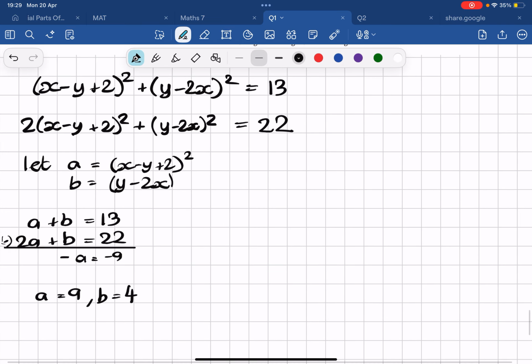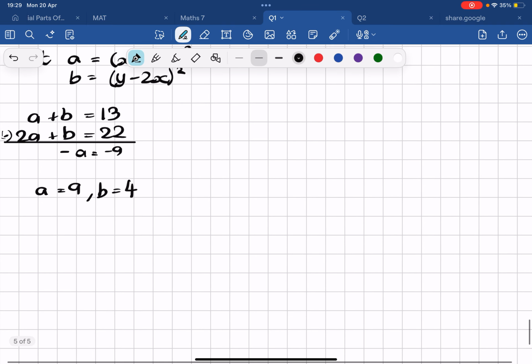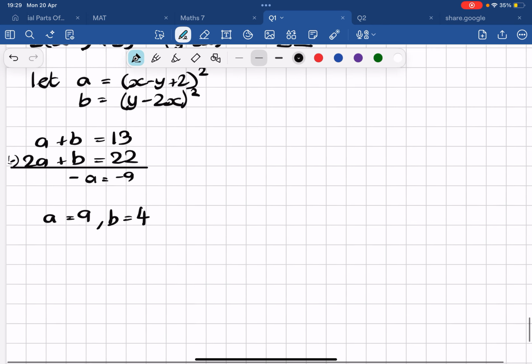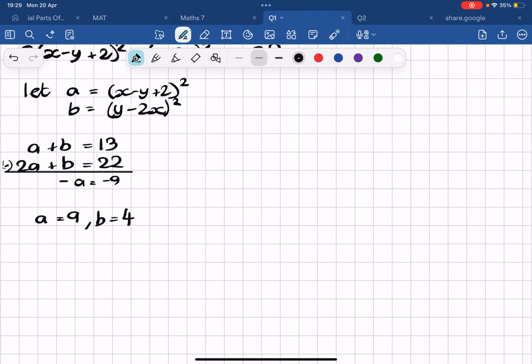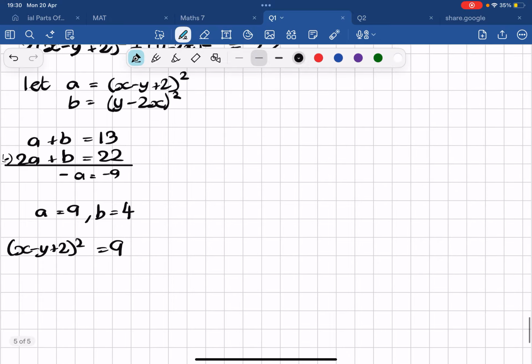Now notice these are square numbers, which is quite useful. A and B are both square numbers. So let's replace A and B with what we subbed them in as. So (x minus y plus 2) squared equals 9, and then we said B, (y minus 2x) squared, equals 4.